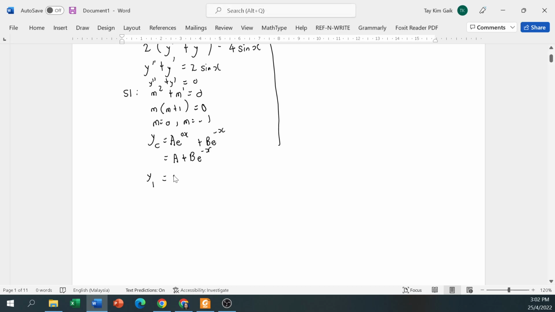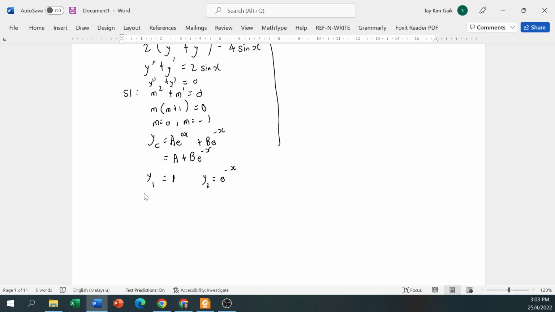Yes. Anything power 0, you have 1. That's why here, a, exponent 0x is 1. So y1, eliminate your a, so it's just left 1. So y2 is exponent -x.